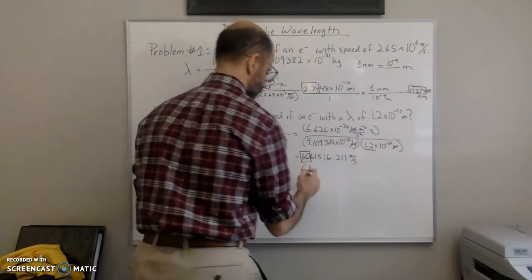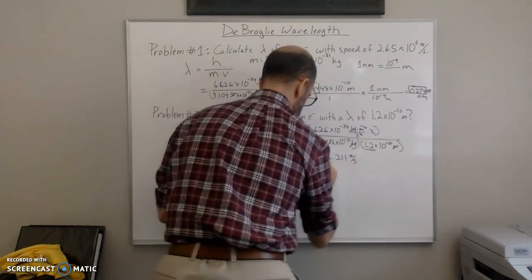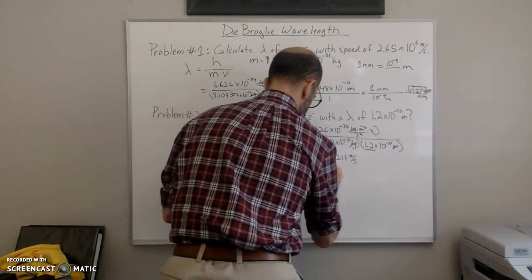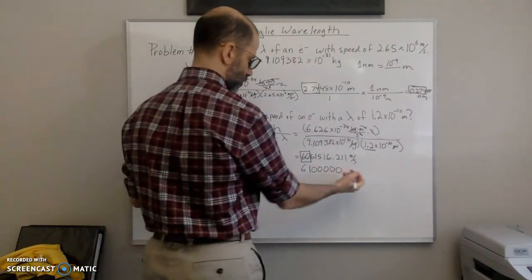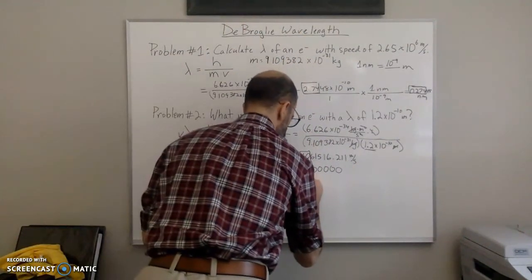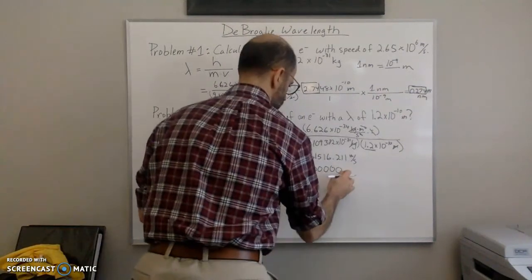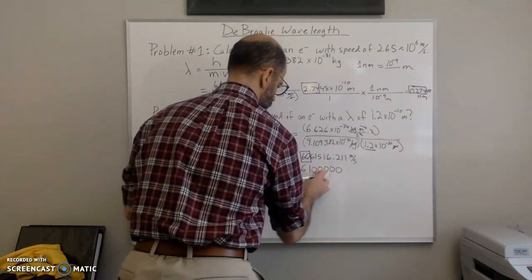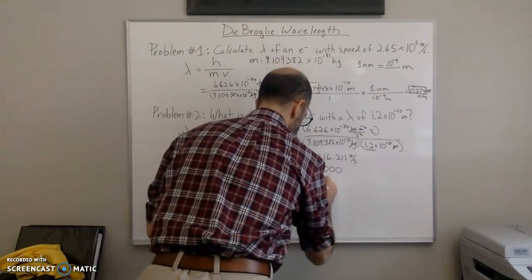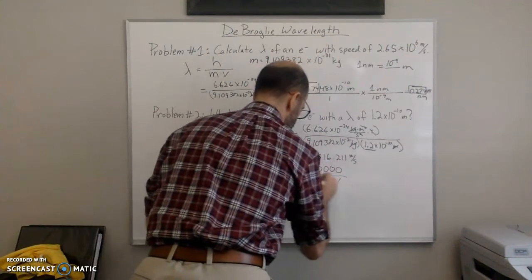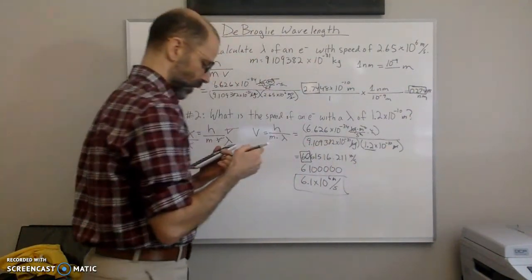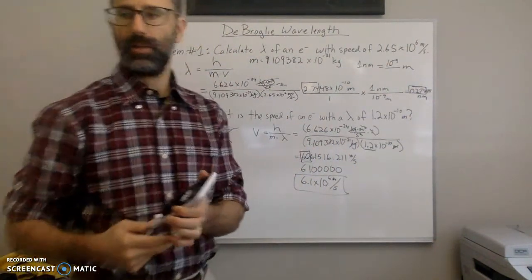Or I can do 6, 1, and then the rest is 5 zeros. Or I can write this in scientific notation as 6.1 times 10 to the 6 meters per second. That would be the final answer.